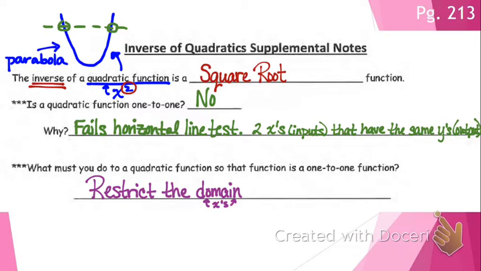There's some things you are allowed to do, and there's other things you're not allowed to do. Those are restrictions. Or think about at home, you have restrictions at home. You have privileges. You're allowed to do certain things, and you're not allowed to do other things. So when we say we're going to restrict the domain, we're going to restrict our x's. That means that some x's are okay, and some x's are not okay.